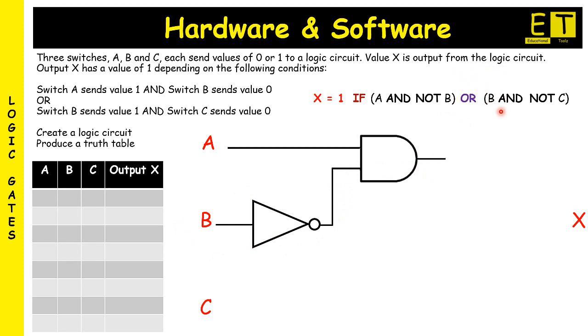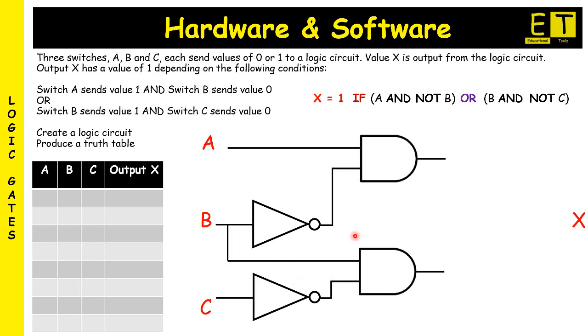The next step is to look at B and not C. So we know that input B is going through an AND gate and input C will go through a NOT and then join with input B via AND gate. So let's have a look at this now. So B would go through an AND gate and C will have a NOT gate joining onto this AND gate to produce an output here.